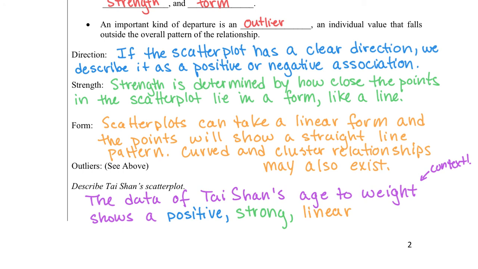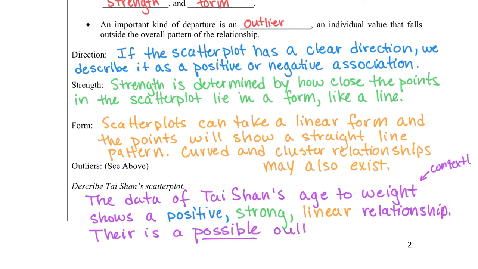But let's talk about that outlier. We're going to say there is a possible outlier. One thing I really noticed when you guys were analyzing graphs, you didn't use these kinds of words, this possible, could be.